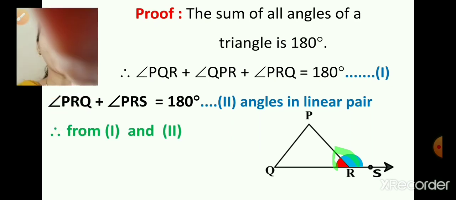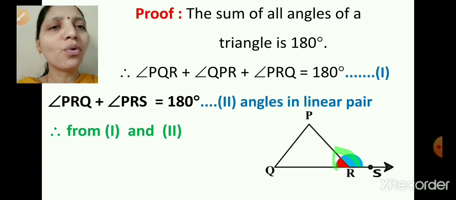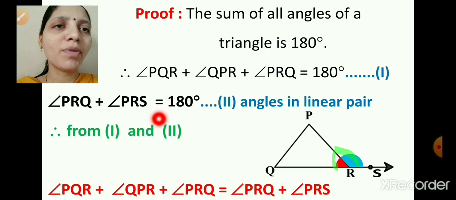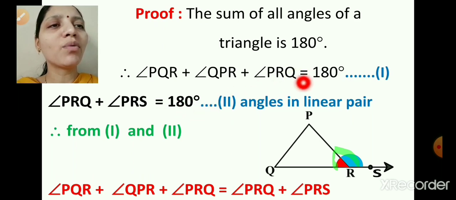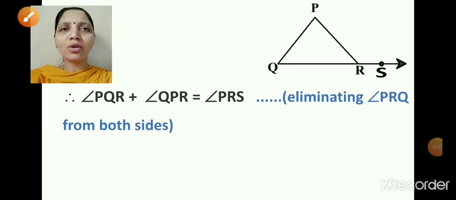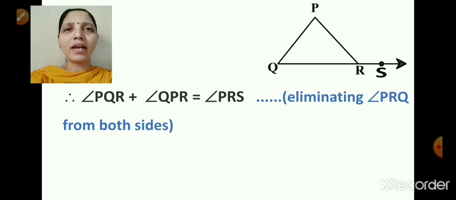Now by equating equations 1 and 2, we can write angle PQR plus angle QPR plus angle PRQ is equal to angle PRQ plus angle PRS, because on the right hand side both equations have 180 degrees, so their left hand sides must be equal. Eliminating angle PRQ, we will get angle PQR plus angle QPR is equal to angle PRS.